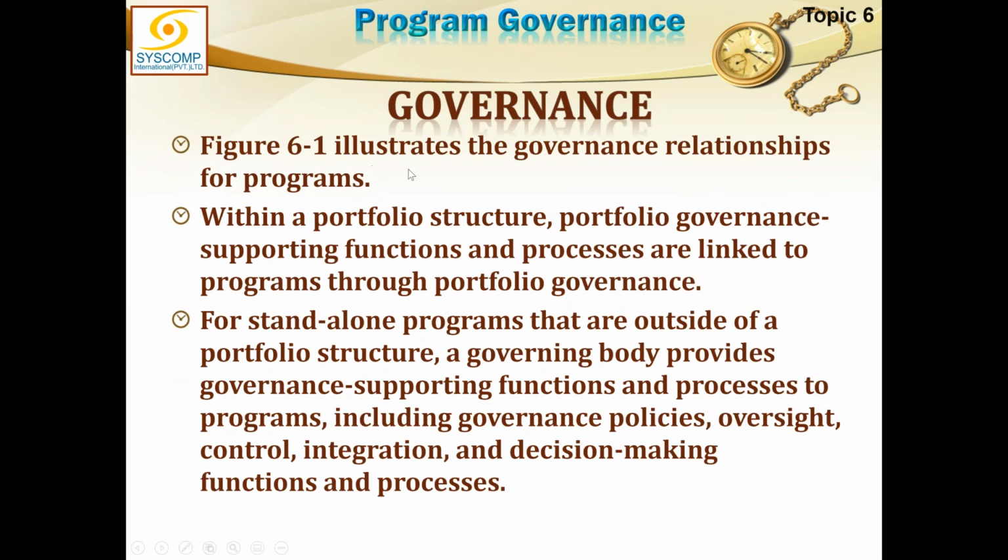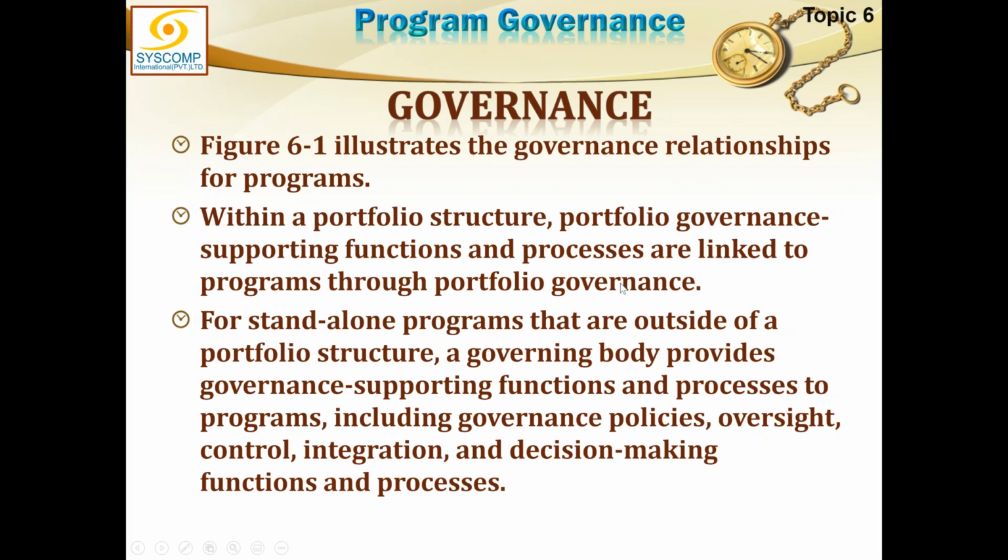And within the portfolio, we will then have the program and project governance. Figure 6.1, I'll show you just one or two slides later. It illustrates the governance relationship for programs within a portfolio structure. Portfolio governance supporting functions and processes are linked to the programs through portfolio governance.